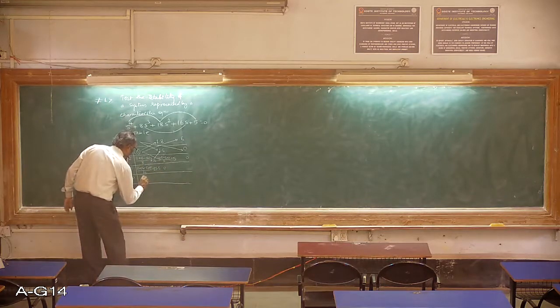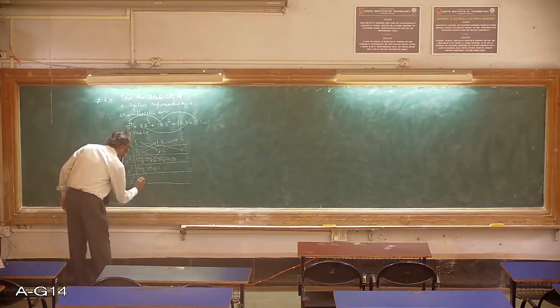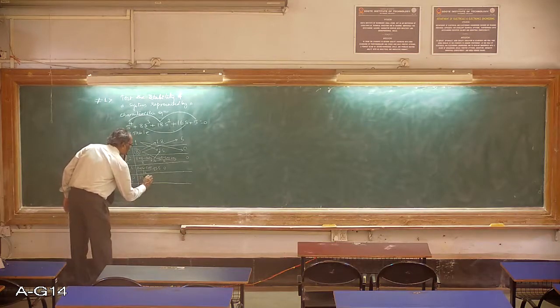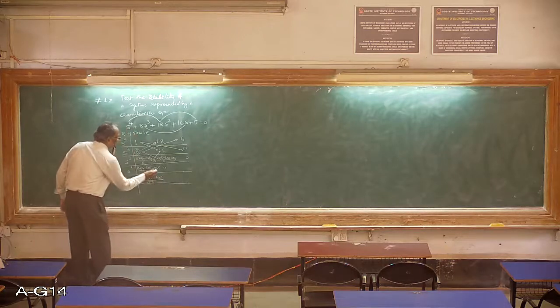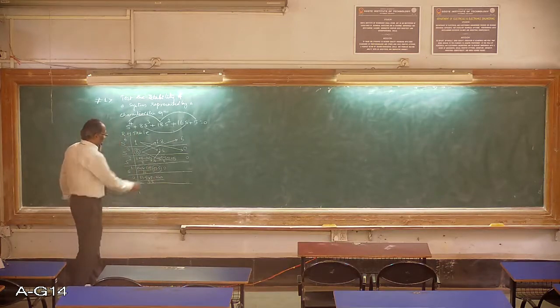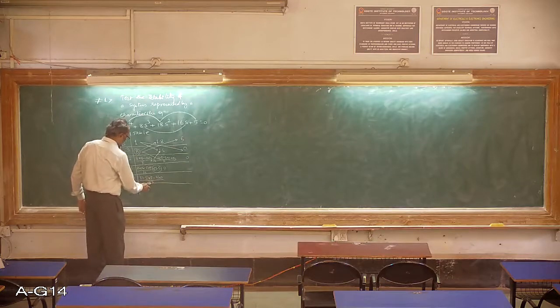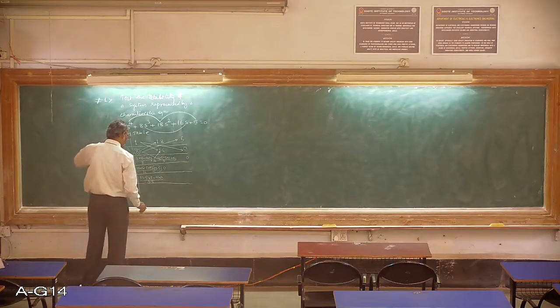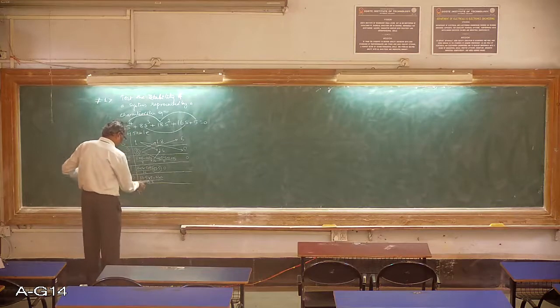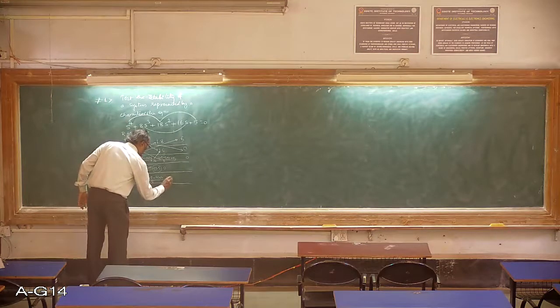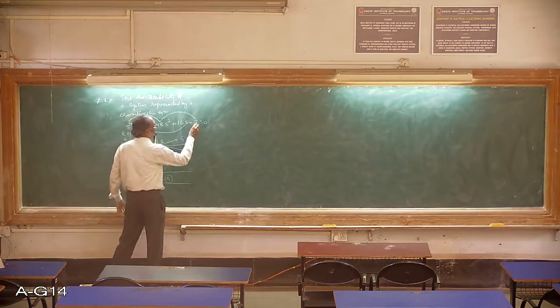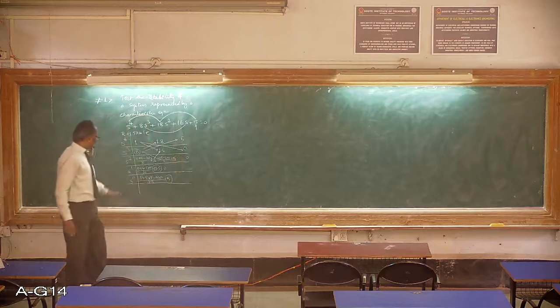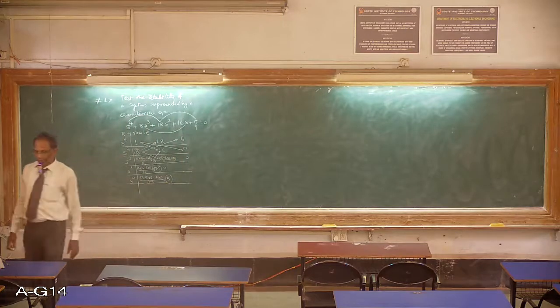So this is 13.5 by 13.5, which is equal to 5. As I told, the last coefficient will always be the constant coefficient.